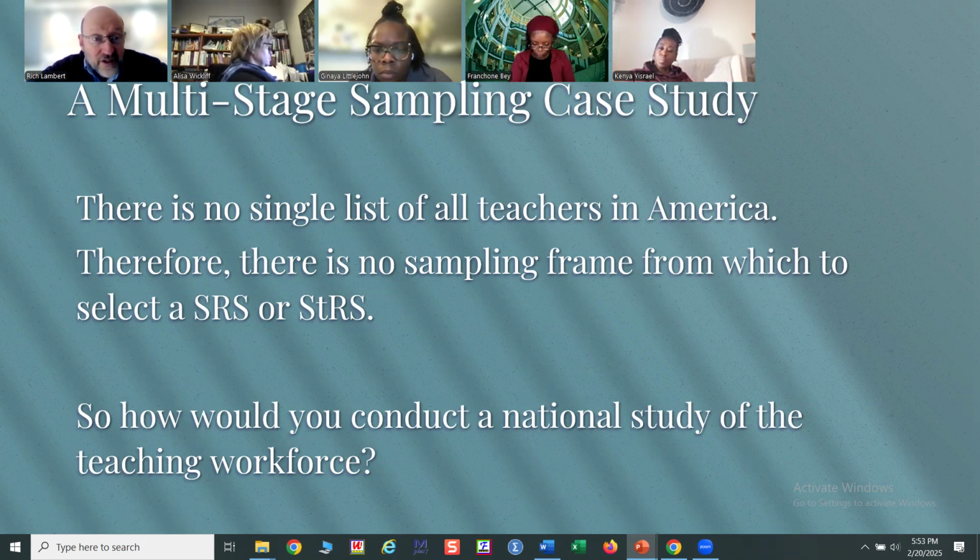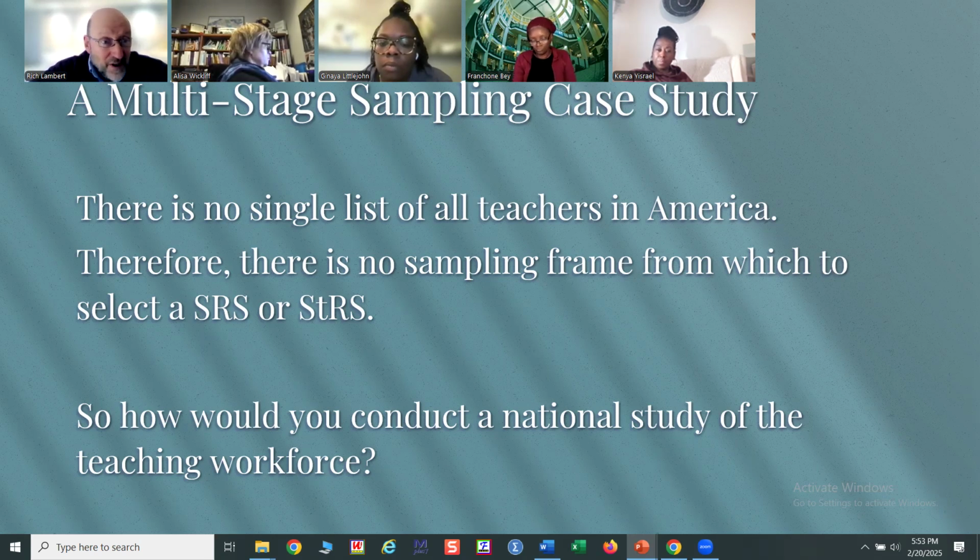Well, it turns out that there is no one list of all the teachers in America. There is no place I can go on the internet and say, everybody that's a teacher, here they are, and I can take a simple random sample. It doesn't exist. Therefore, there is no sampling frame from which I could draw a simple random sample or a stratified sample.